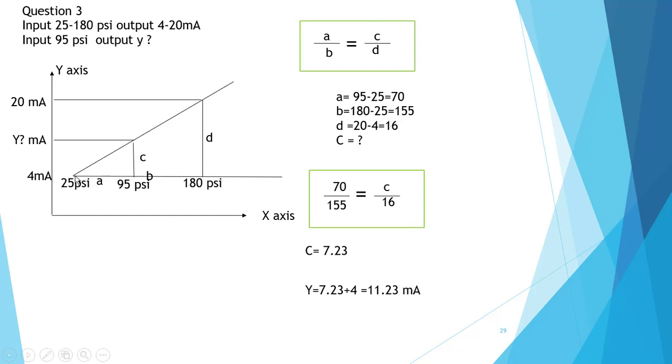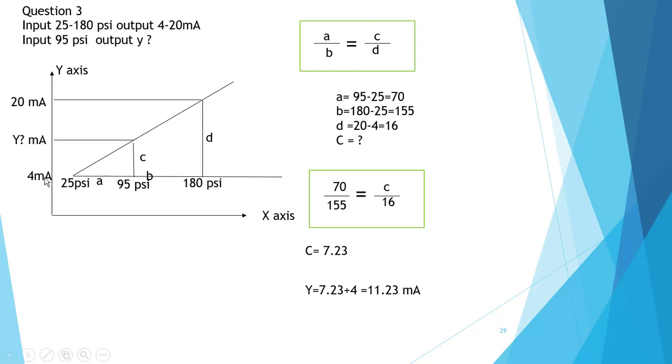You should have A, B, C, and D. A is from 25 to 95 psi, so A should be 95 minus 25 equals 70 psi. B should be from 25 to 180 psi, so B equals 180 minus 25 equals 155 psi.